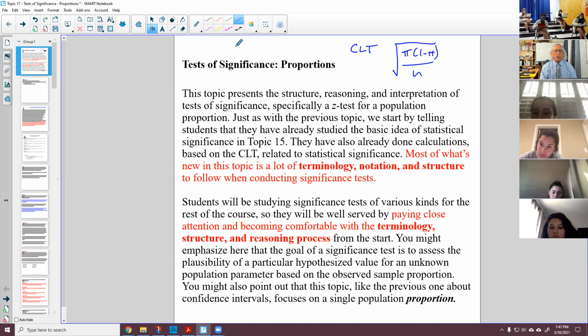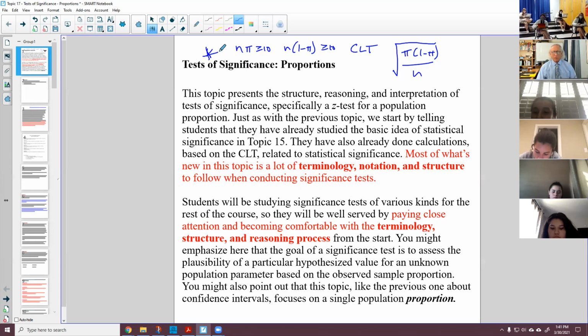And we're going to end up using this formula, n times pi greater than or equal to 10, and n times 1 minus pi greater than or equal to 10 for testing our conditions. So when we're dealing with categorical variables, these are two of the big differences between that and means.